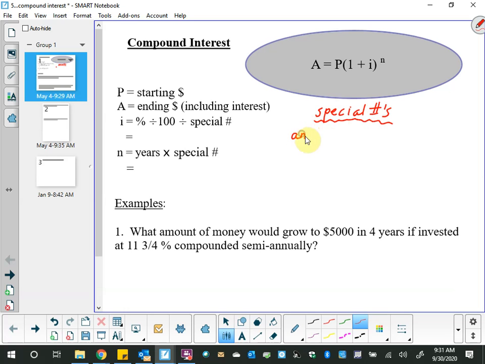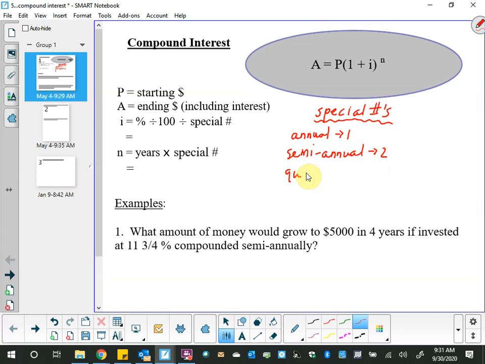So we've got the word annual or annually. That means once a year, so your special number is 1. The second word that you might see frequently is semi-annual or semi-annually, and that means twice a year.